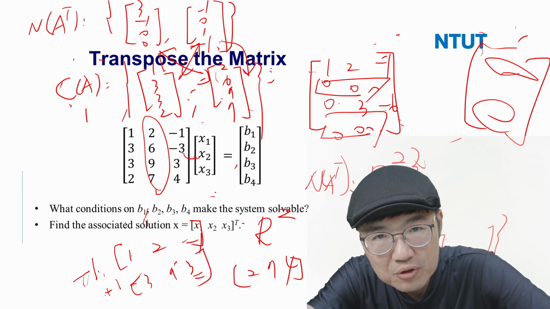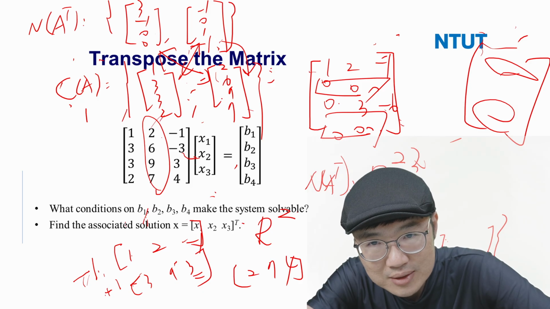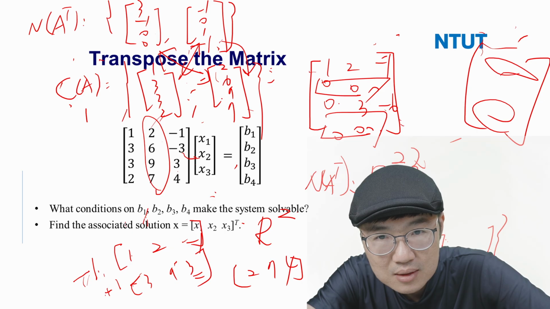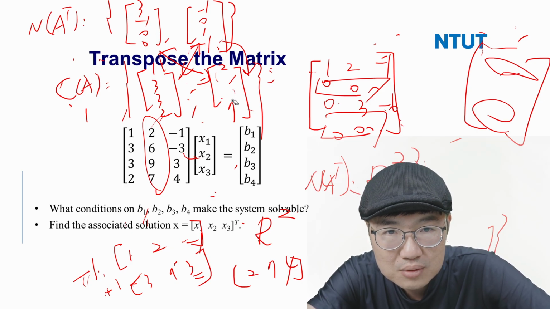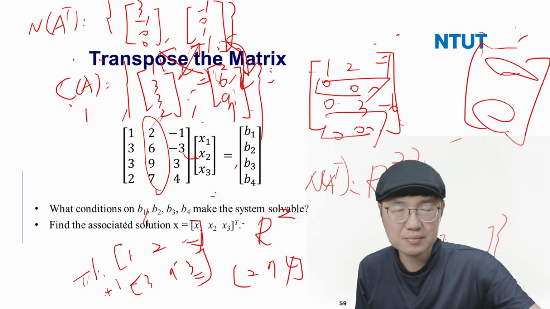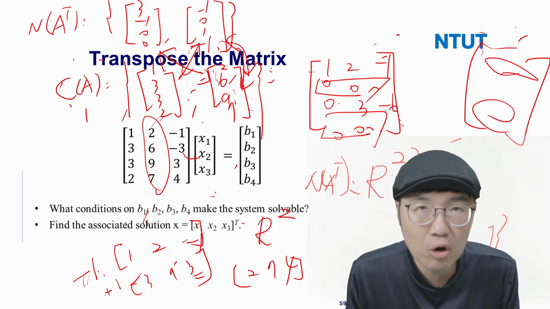If you perform the inner product of minus 1, 0, 1, minus 1 and 1, 3, 3, 2, it is 0.